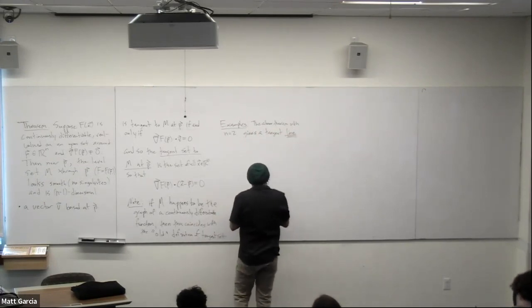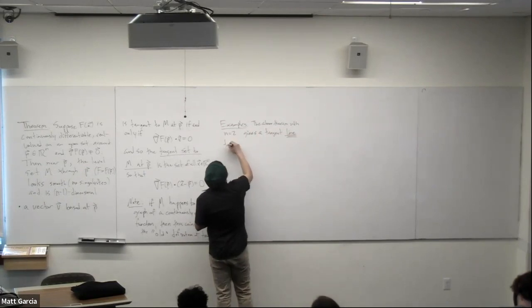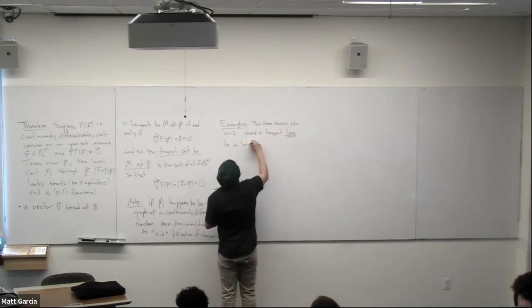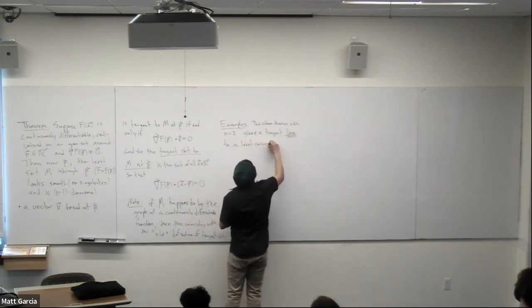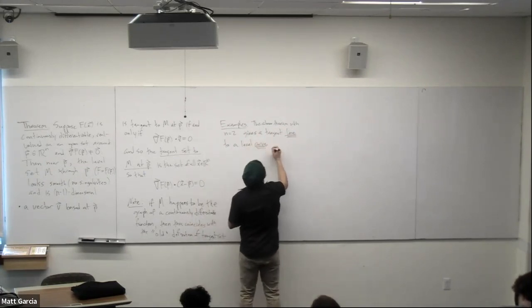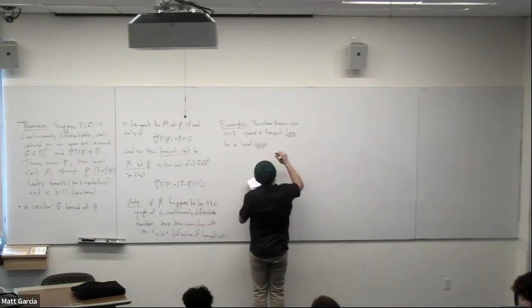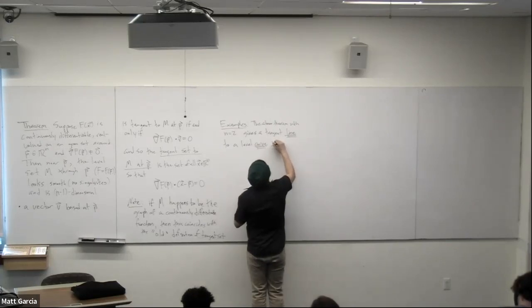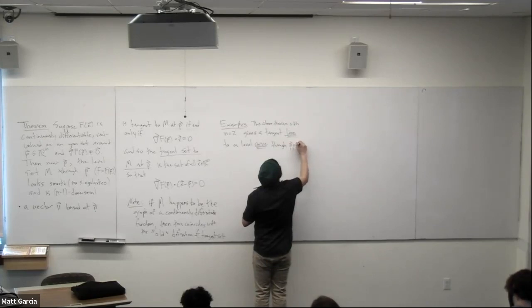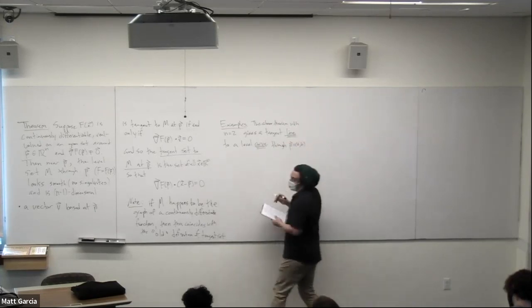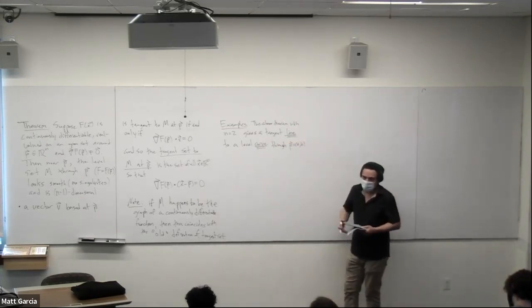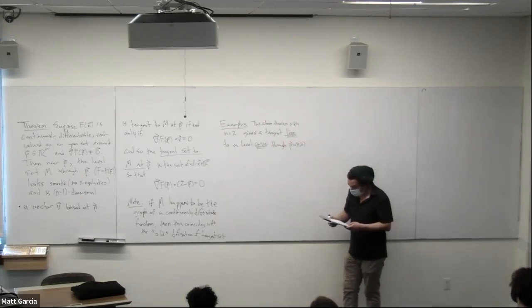So in particular, a tangent line to a level curve through some point P, which now will give coordinates a comma b, since n is equal to 2.